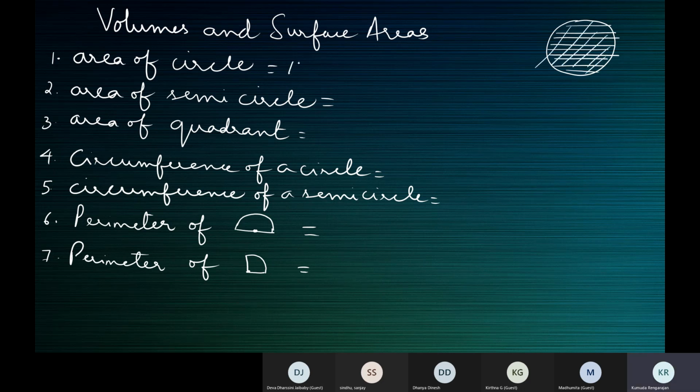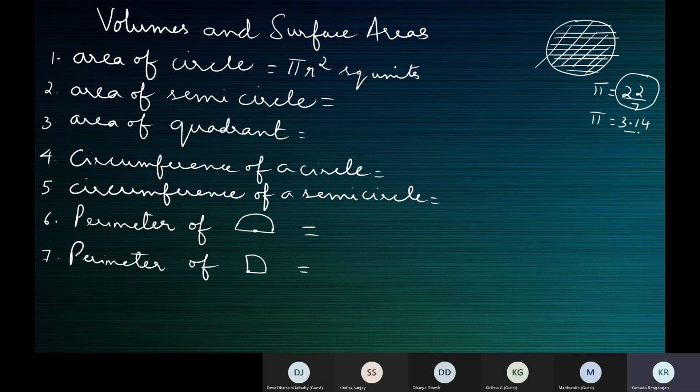Area of a circle is given by the formula pi r squared, square units, where pi is a constant. We take the value of pi as 22/7, or sometimes we take it as 3.14. If nothing is mentioned, we take 22/7.